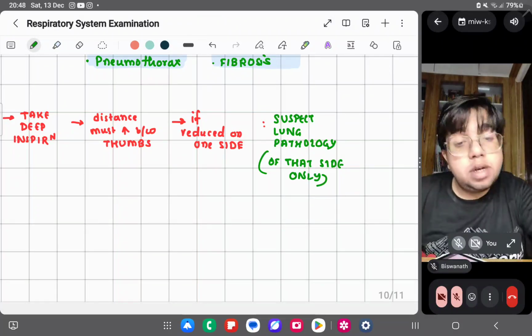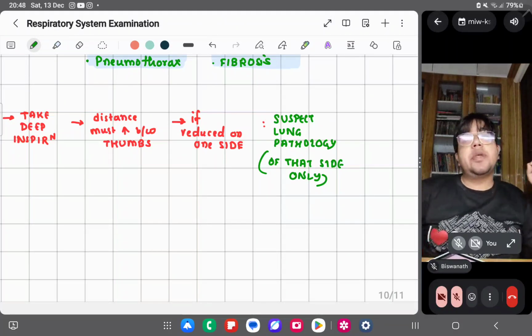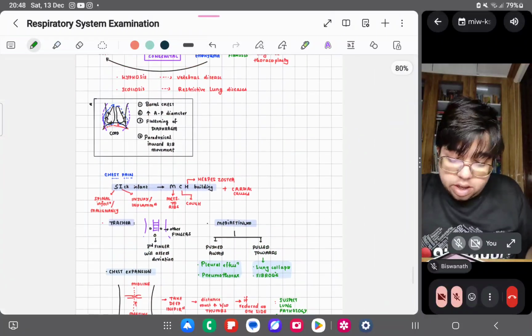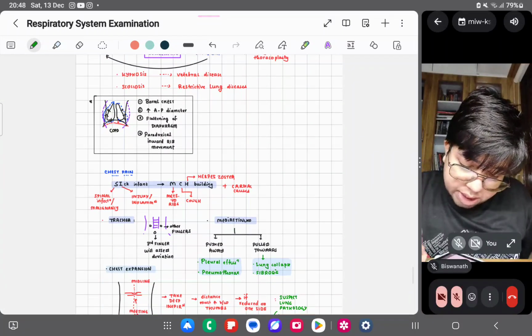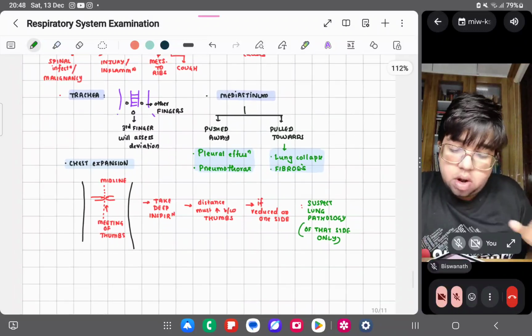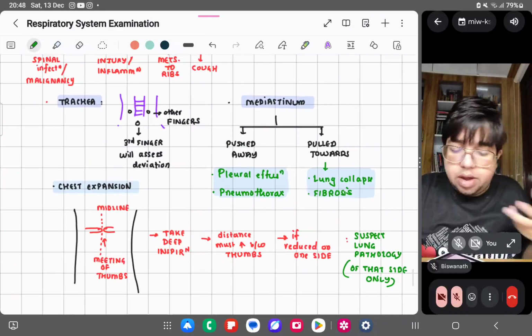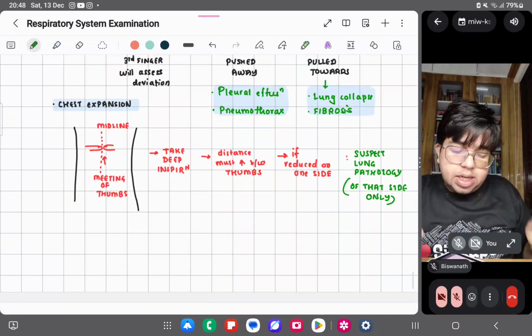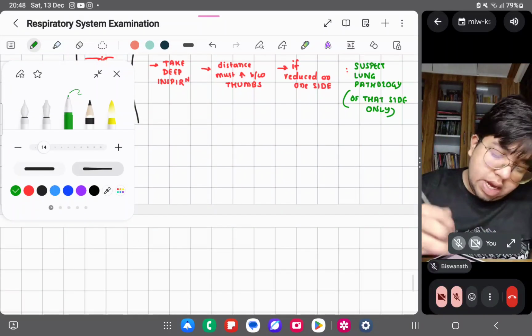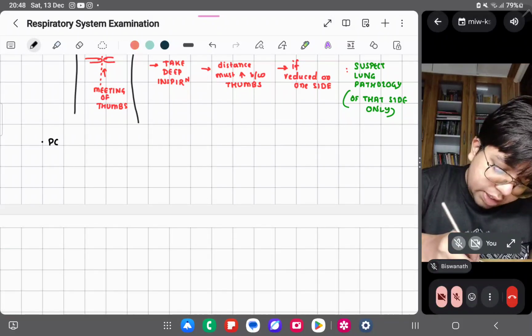Okay, done. Now we have done about the shape of the chest. Pain and all these things are in the palpation part. Trachea you are palpating, mediastinum, chest expansion we have seen. Now comes percussion. You are percussing them.